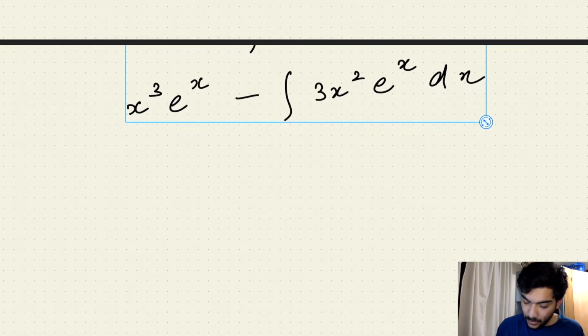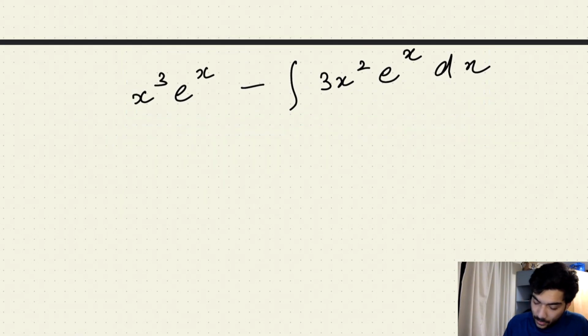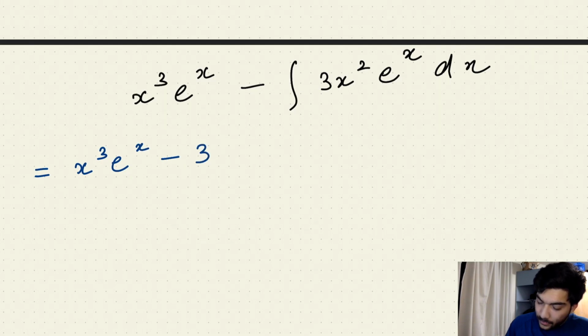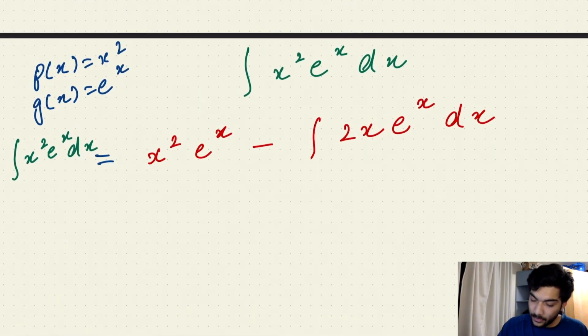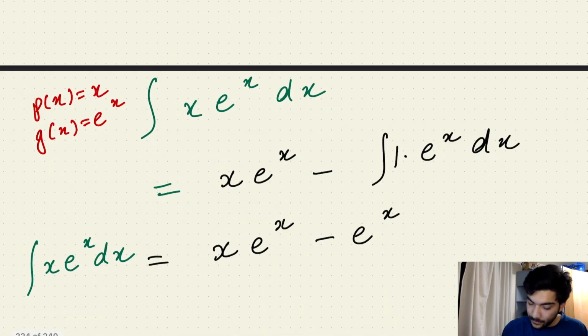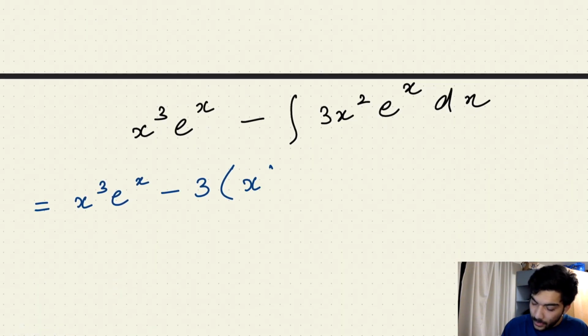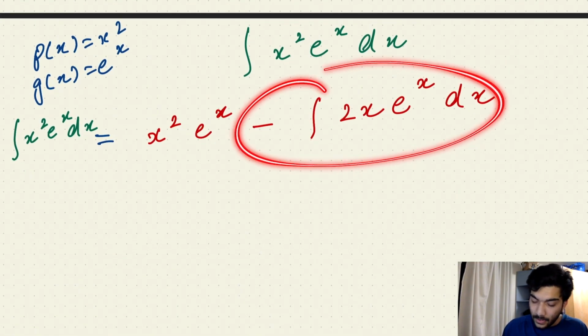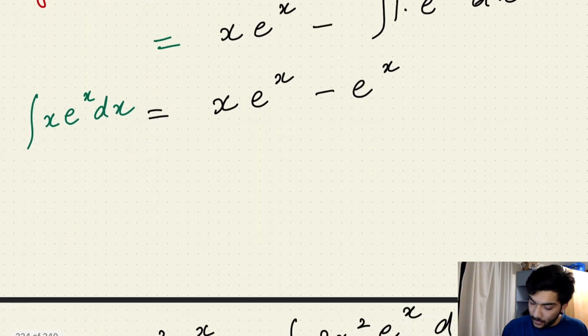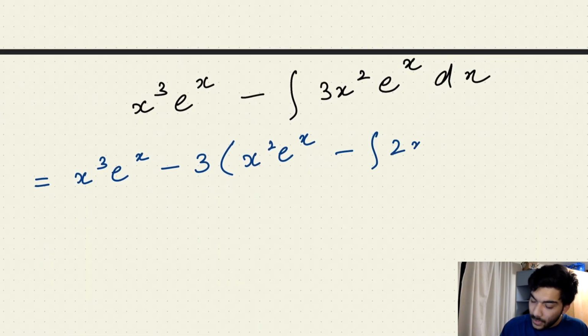So this would be x cube e to the power x minus 3 times, let's write the answer for this integral. So it is x square e to the power x, and then you have minus integral 2x e to the power x dx in this case, right?